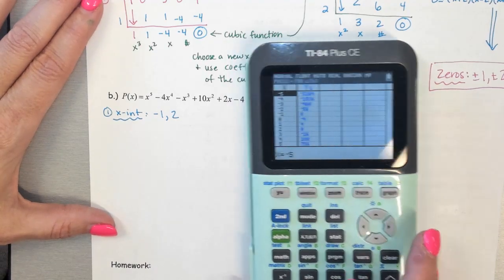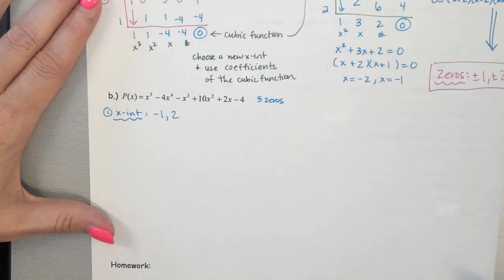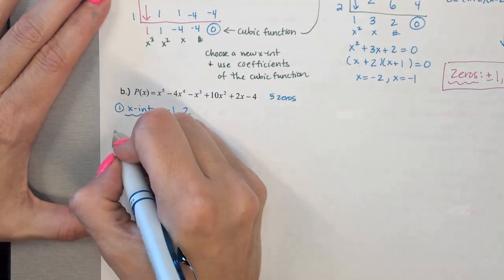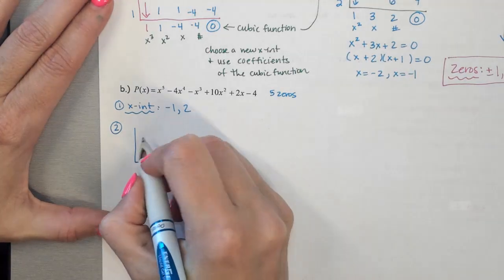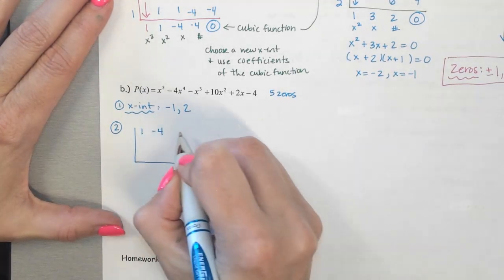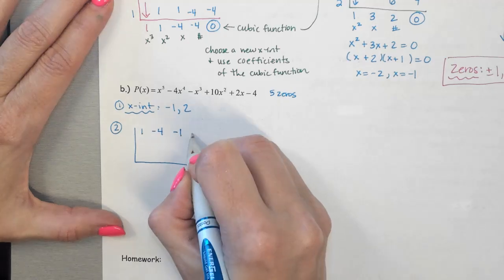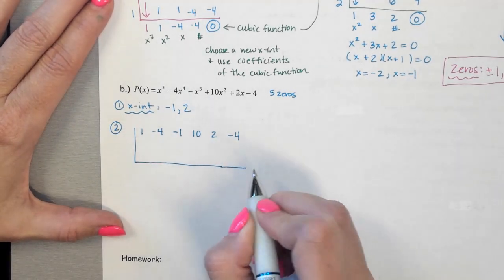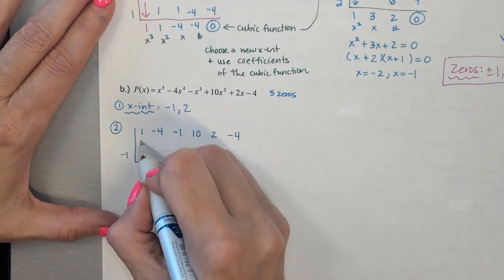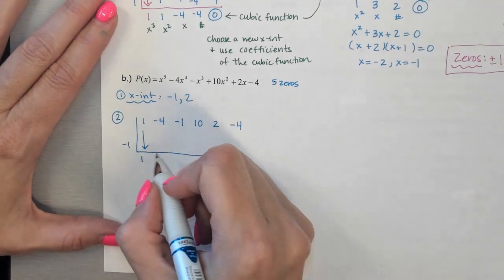Any other whole numbers? All right, then let's go to step 2. So we have 1, -4, -1, 10, 2, -4. Okay, so I'm going to use -1 first. It's okay if you didn't.